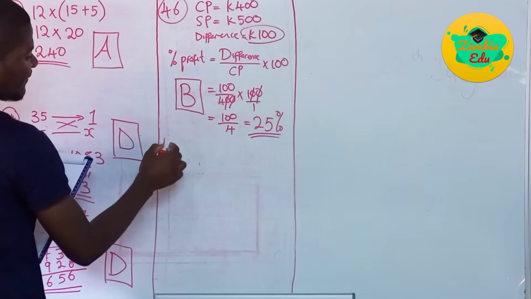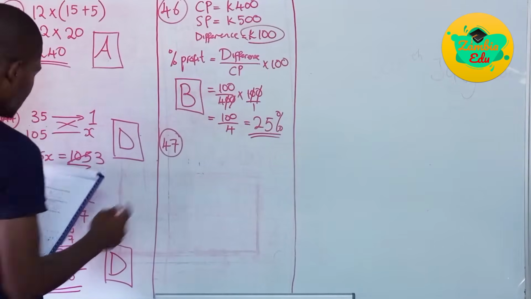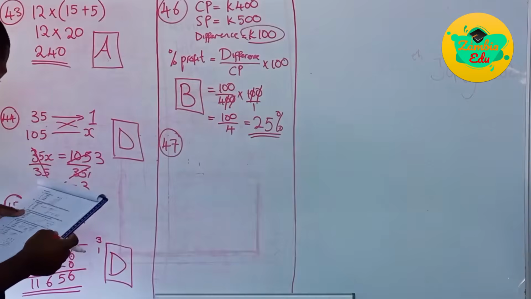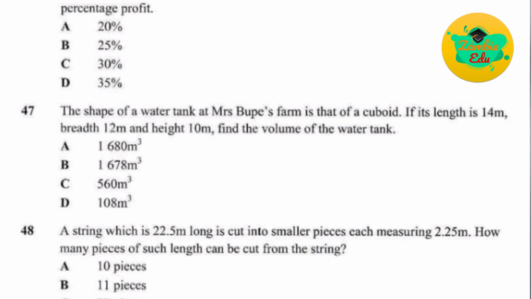We go to 47. Question 47 says, the shape of a water tank at Mrs. Whooper's farm is that of a cuboid.